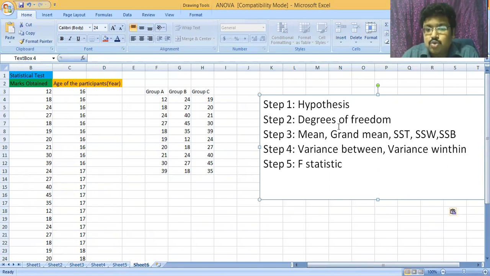Comparing these two values, you decide whether your null hypothesis is accepted or not. The null hypothesis is that the means mu1, mu2, and mu3 are all equal. The alternative hypothesis is that there is at least one difference. So this is the one-way ANOVA. Clear?